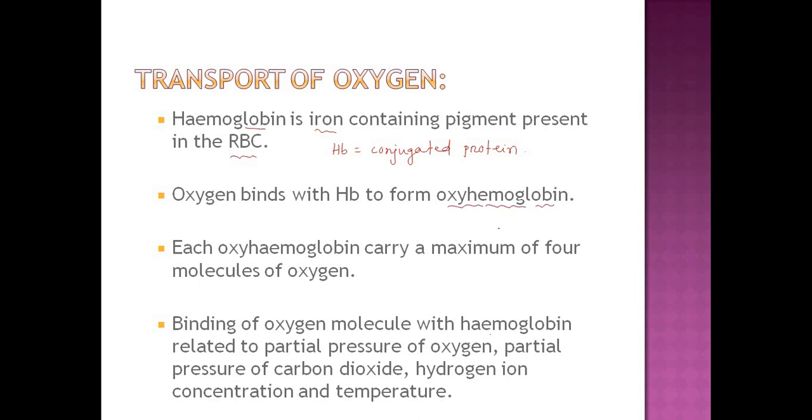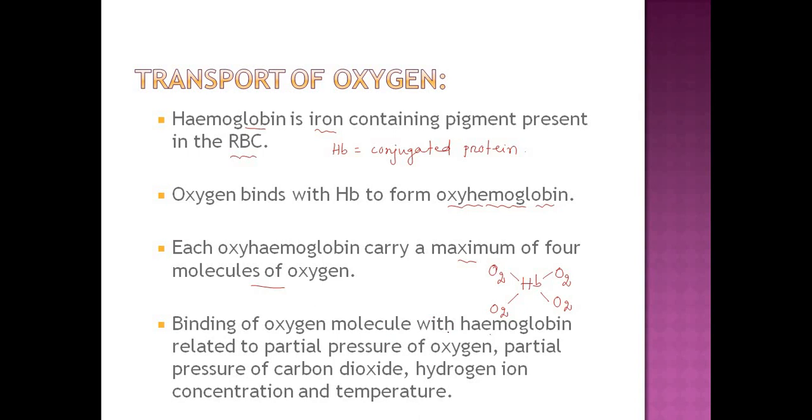That compound is called oxyhemoglobin. Each oxyhemoglobin carries a maximum of 4 oxygen molecules. Like if this is hemoglobin, it will bind with 4 oxygen molecules at a time, so that it can carry 4 oxygen molecules to the respective tissues from the alveolar surface.